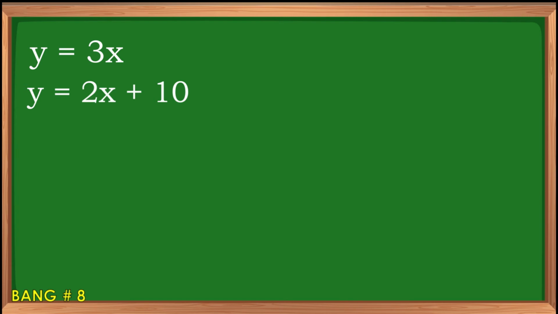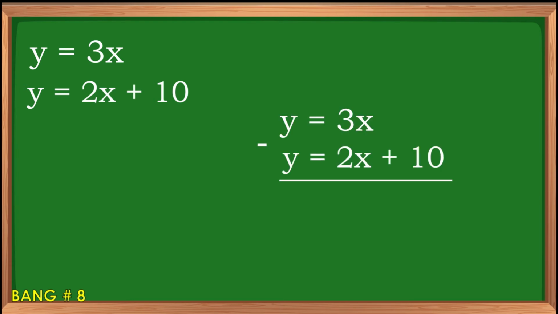In here, we can use elimination to answer the problem. y is equal to 3x subtracted by y is equal to 2x plus 10. The result is x is equal to 10. So the age of the son is 10 years old.